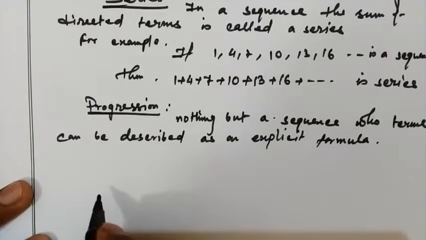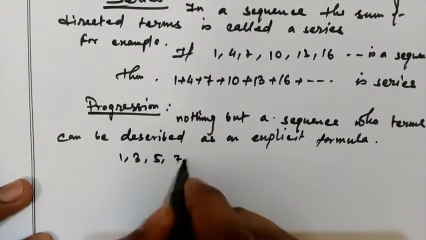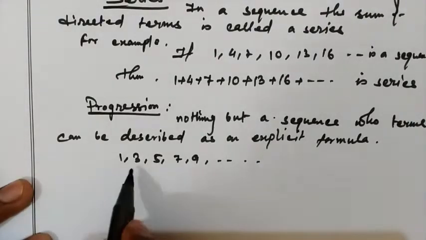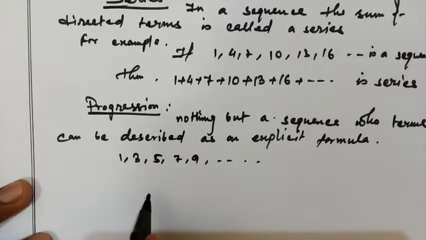Like above I gave one sequence: 1, 3, 5, 7, 9 ... This is an infinite sequence. So if we want to calculate the nth term of the sequence, we can easily calculate.